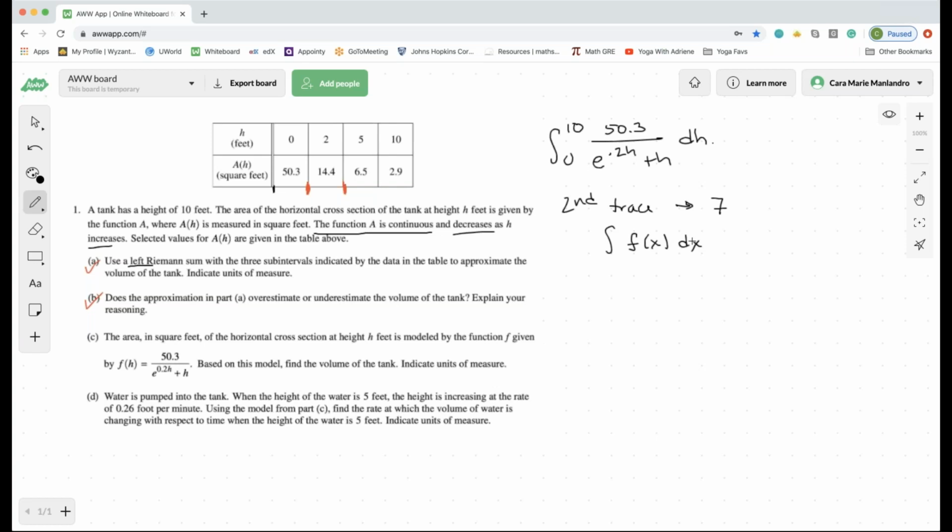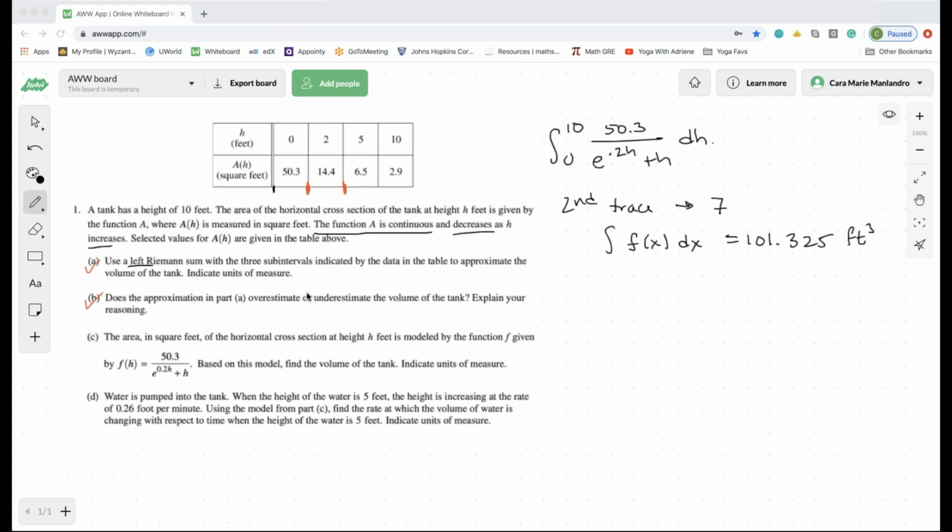Lower limit is 0, and upper limit we want to put in 10. It's going to shade it in for us, and we got 101.325, and then you want to make sure you write in feet cubed.